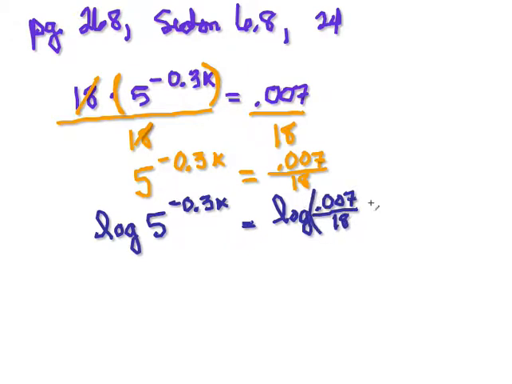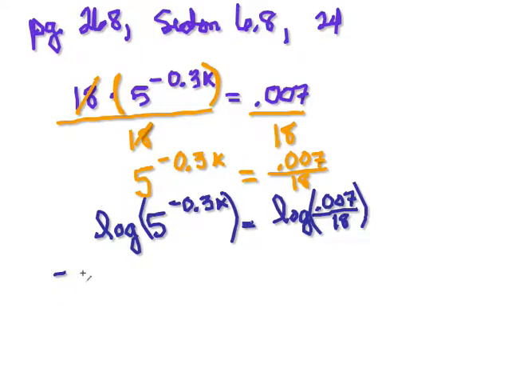Whatever that number is, it just represents a number, and I have the log of this. Now remember, when I have an exponent in the argument of a logarithm, I can take that exponent out and multiply. This is one of my properties of logarithms.